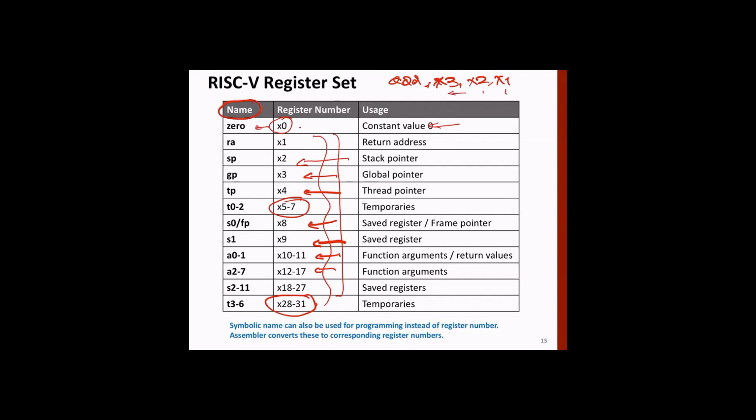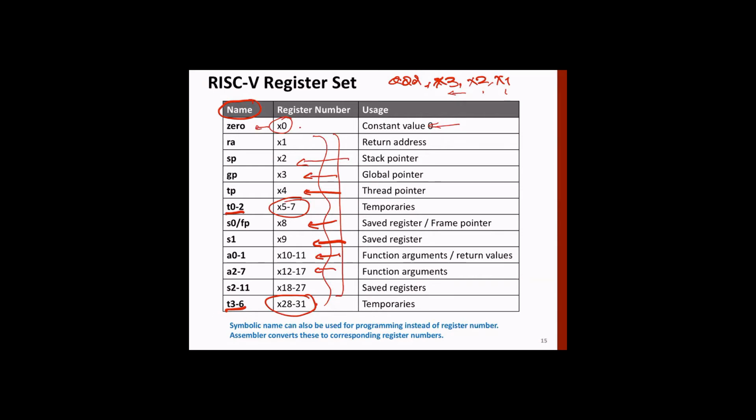This simplifies programming when you do assembly language programming, because otherwise you'll have to remember where the temporaries are. For example, X5 to X7 and X28 to X31 are temporaries. Instead of remembering that, you can use T0, where the letter T signifies temporary. So you can use T0 to T6 for storing temporary values.